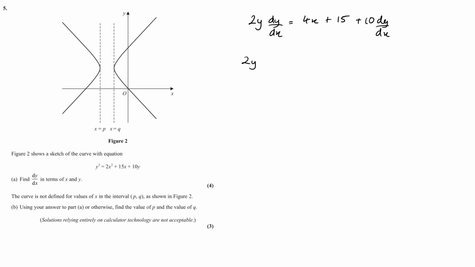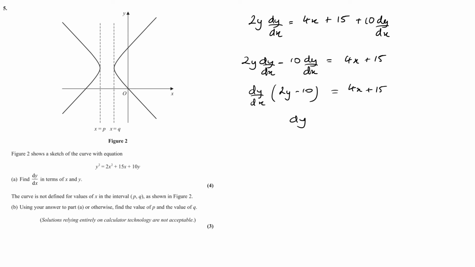So that is 2y dy by dx minus 10 dy by dx equals 4x plus 15. So dy by dx times 2y minus 10, just factorising that out there. And then we need to divide by that bracket. So we get dy by dx equals 4x plus 15 over 2y minus 10.